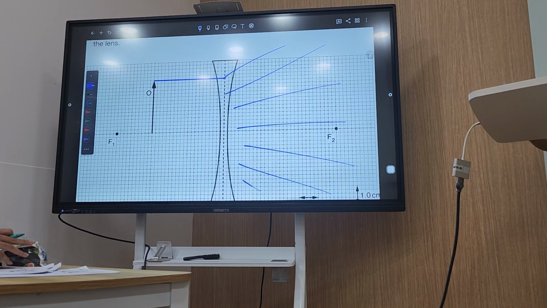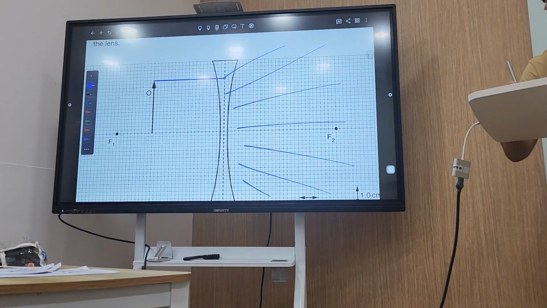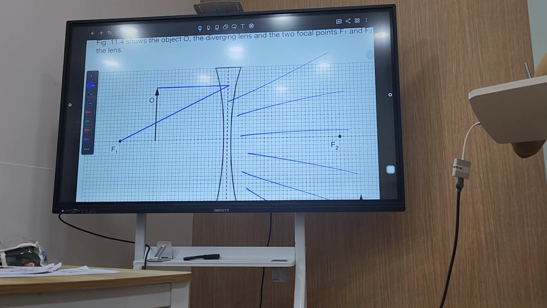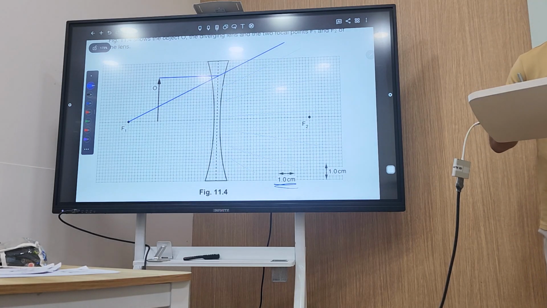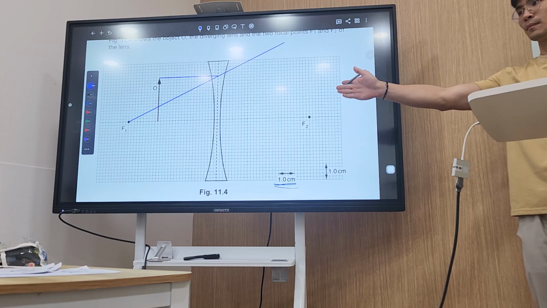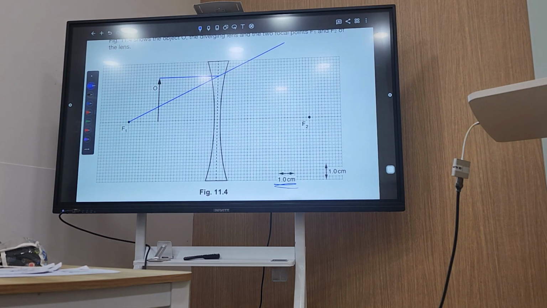But I cannot just go in some random direction, so I will follow along and cut through my focal point on the left side. But we are not done. We need to extend this line past like this. Your rays after passing through go out like that. How will the diverging lens look in real life?